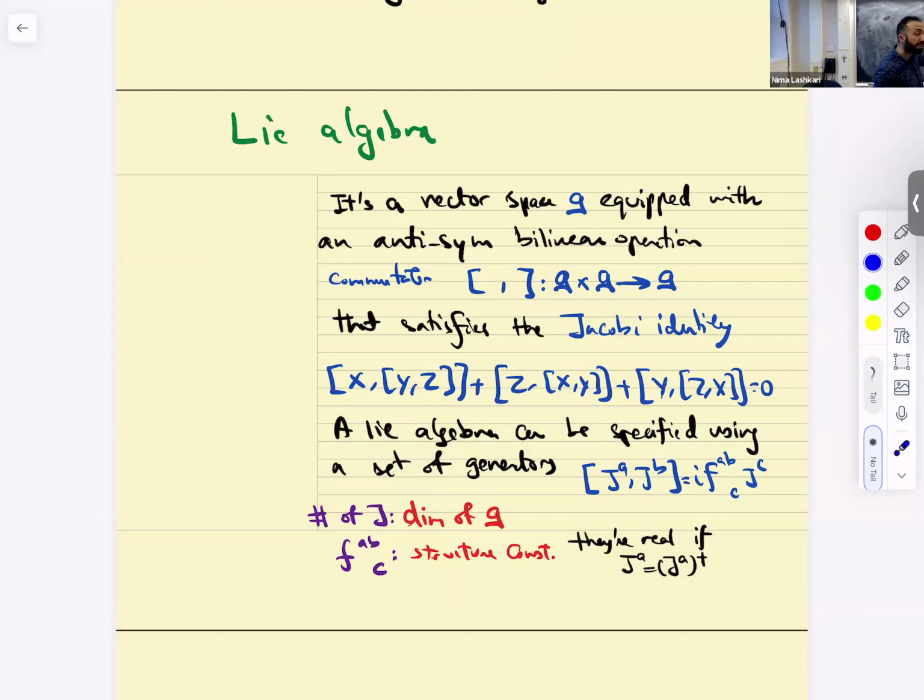What I'm going to go over now is extremely useful in physics. In what sense? Pretty much almost all examples of quantum field theory we have honestly constructed go through Lie algebra constructions.